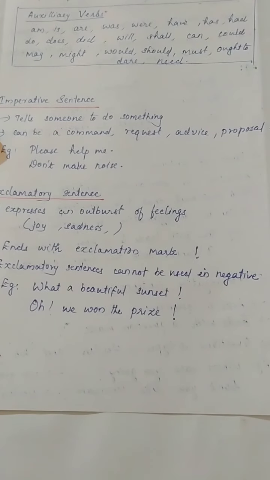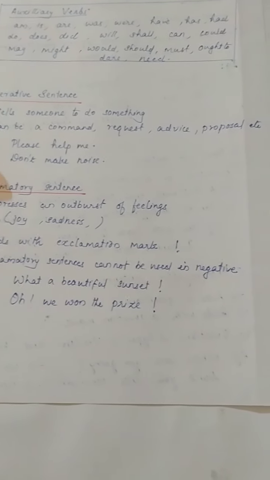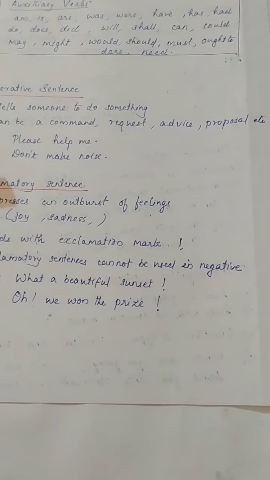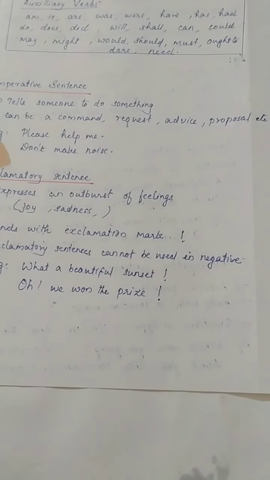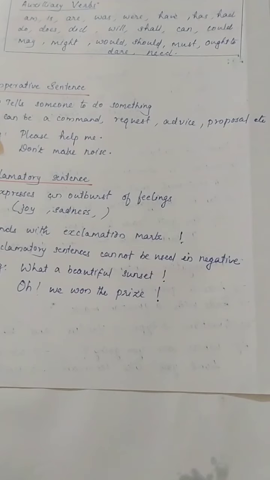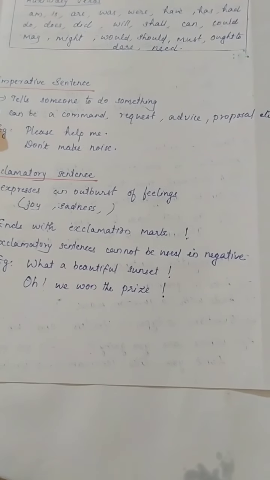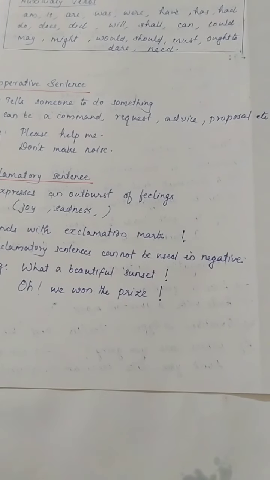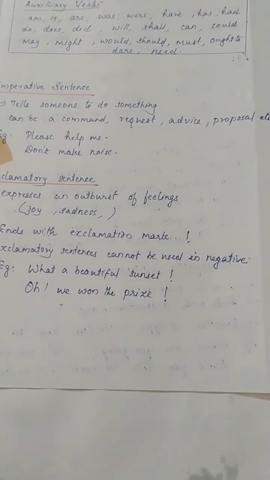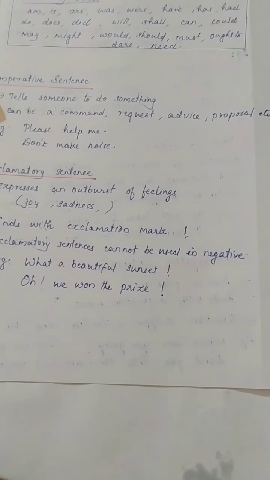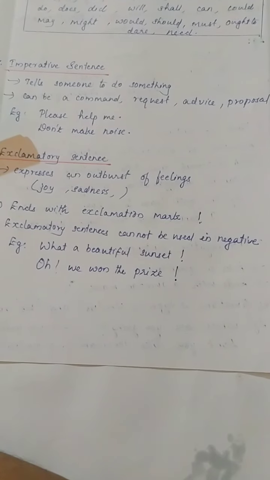An imperative sentence can be a command, request, advice, or proposal, etc. If a beggar is begging something from us, that is an imperative sentence. So imperative sentences can be a command, an order, a request, an advice, a proposal, or begging, etc. That kind of sentence we call an imperative sentence.